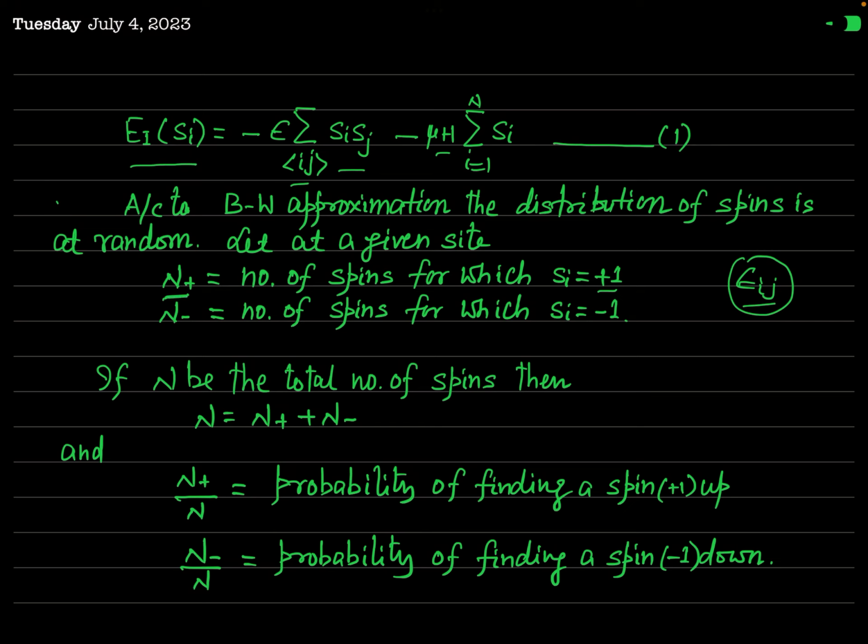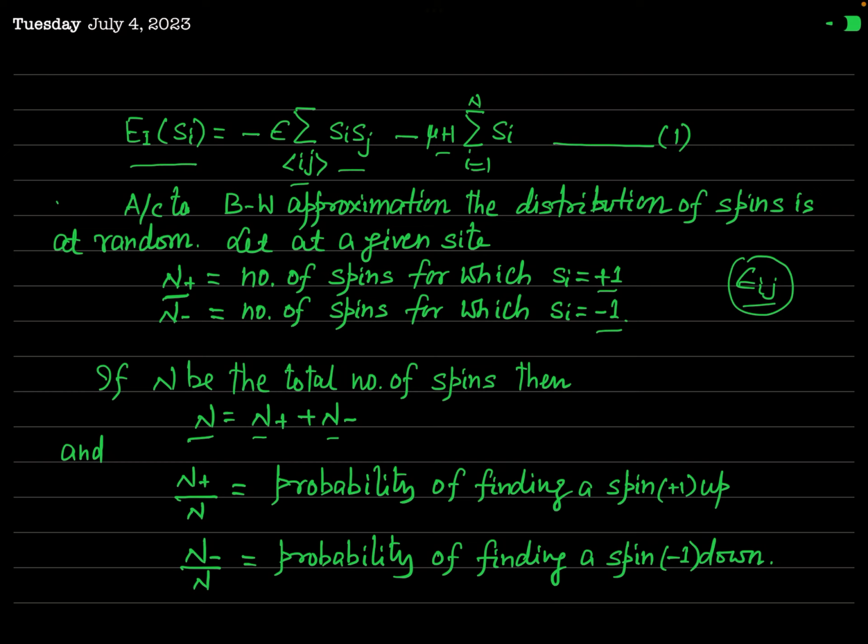Similarly, n minus represents the number of spins for which Si is equal to minus 1. In other words, n minus represents the number of down spins, and n plus represents the number of up spins. Now, if the total number of spins is n, then n will be simply equal to n plus plus n minus.